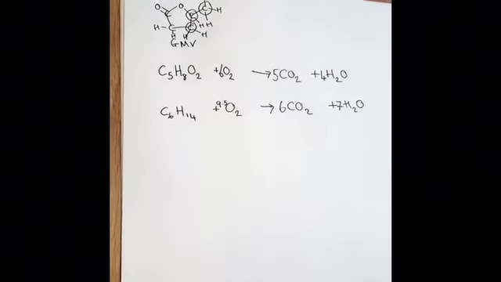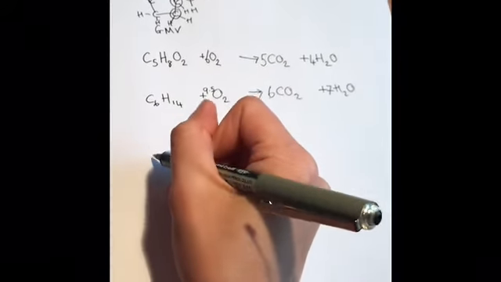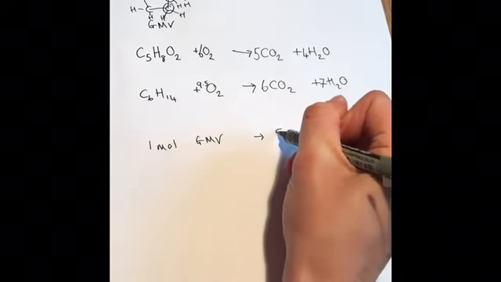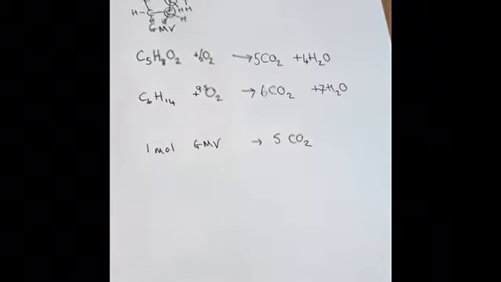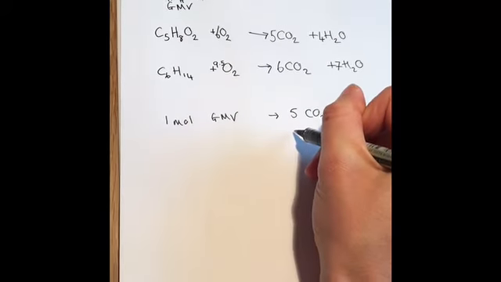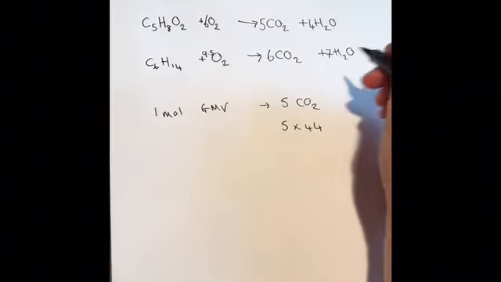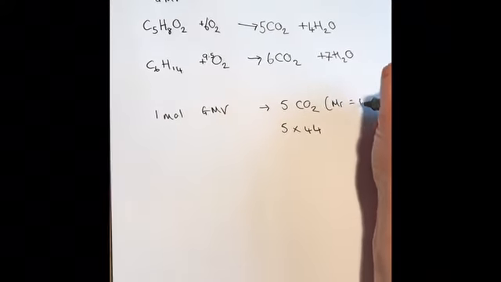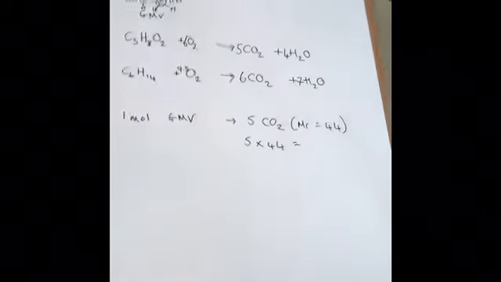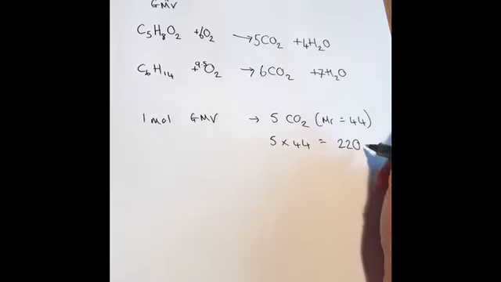So 1 mole of GMV produces 5 moles of carbon dioxide. Okay, so if we burn 1 mole of GMV, we are going to get 5 times 44, because that's the Mr of carbon dioxide, is 44, grams of it if we started with 1 mole of GMV, which is 220 grams.